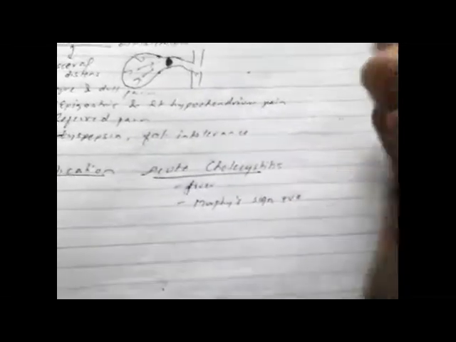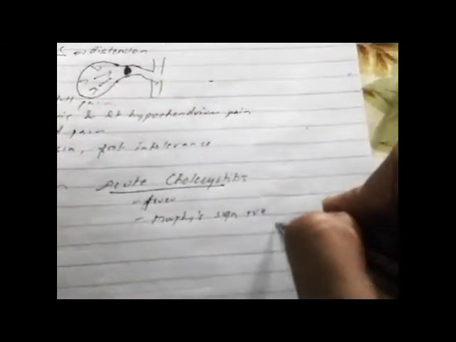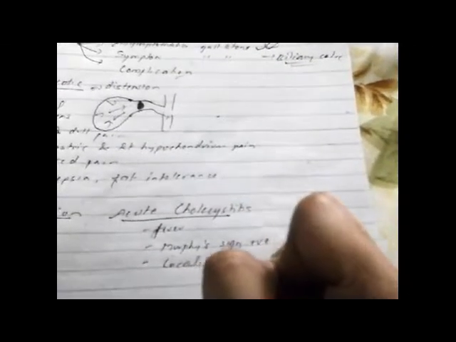Murphy's sign is when we press at the area of the gallbladder during expiration, and while taking a deep inspiration, the patient feels pain in the right hypochondrium. Tenderness and localized epigastric and right hypochondrium pain will be there. These are the features of complication.